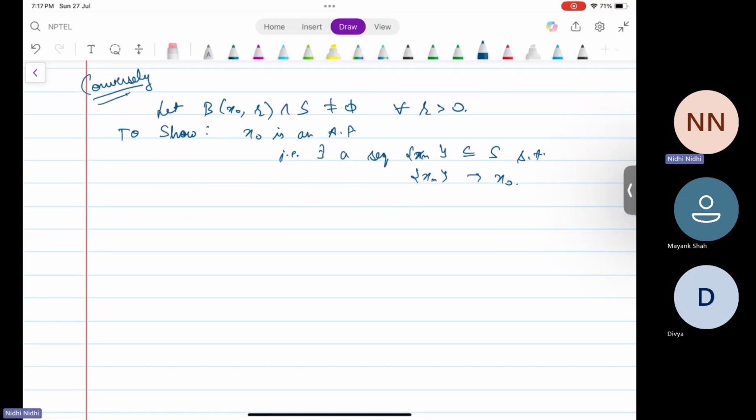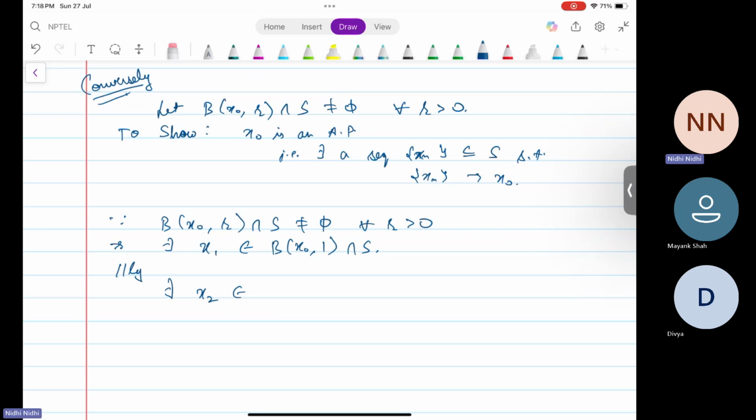Now, since B(x naught, r) intersection S is non-empty for any r positive, obviously this will be non-empty for r equals 1. So I can find some element in B(x naught, 1) intersection S. I name this as x1. Similarly, there exists some x2, maybe equal to x1, maybe distinct.